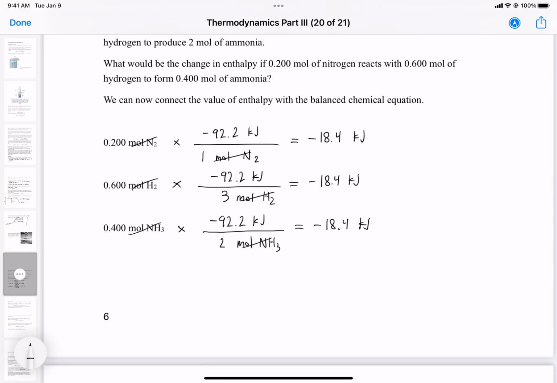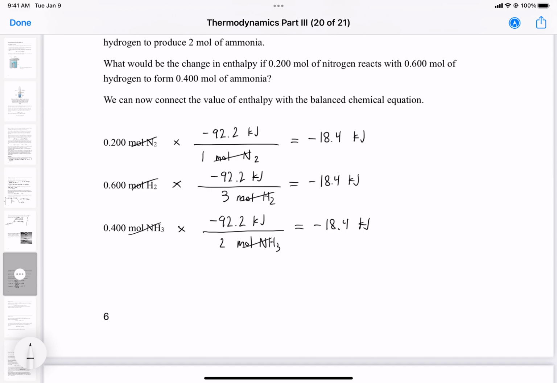So we get the same energy because we're just multiplying by a factor. Factor of 5, 1/5 the energy. So that's how we use thermochemistry in chemical reactions. If we have a certain amount of moles of a species in a chemical reaction, we can figure out how much energy is released using what we call stoichiometry.